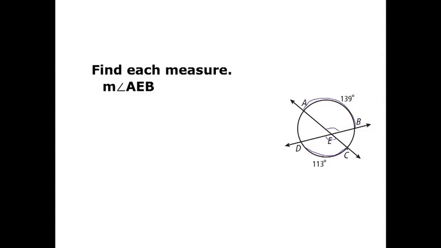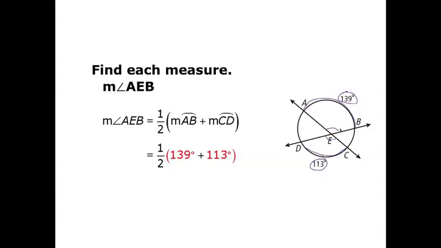Those are the two arcs that are being intercepted. Well, I see that those are 139 degrees and 113 degrees. So I'm going to add those two together, divide by 2, and that's going to be the measure of my angle. So I'm taking half of 252 degrees. 126 is my total for the measure of angle AEB. So this one I'm just taking an average of the two intercepted arcs.